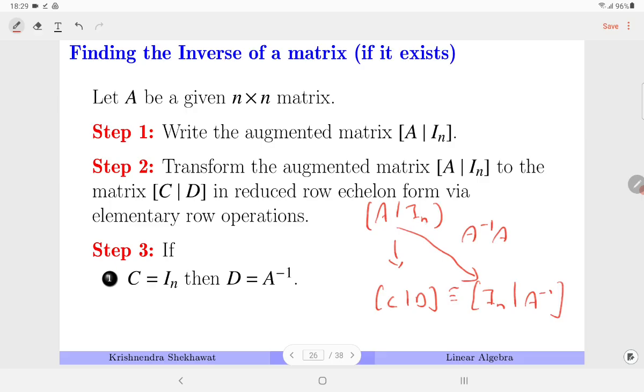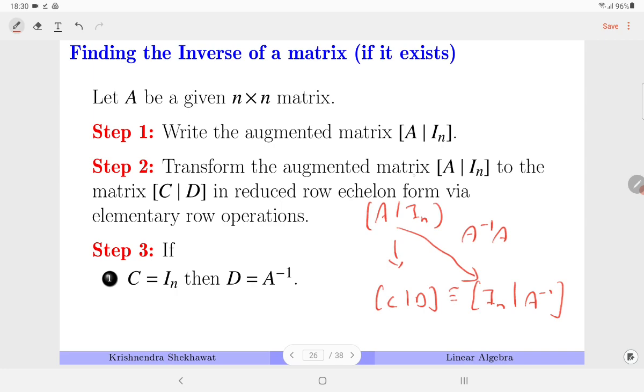These operations, when you apply on identity, mean that you are multiplying the identity matrix with A inverse. So this is why when A gets transformed into In, then In gets transformed into A inverse.